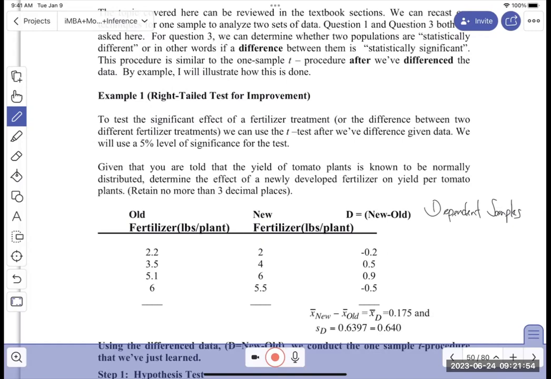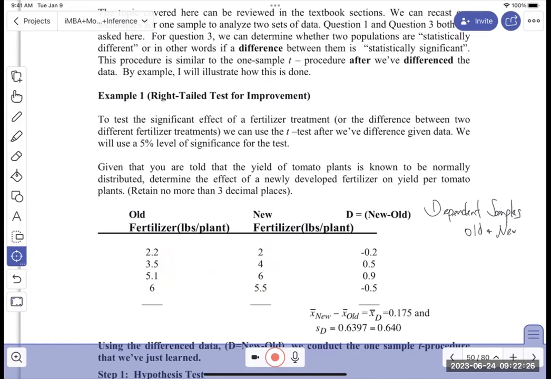So they're dependent samples, old and new. Here we have the yield on the first plant, and then on the matched plant in the same type of soil with otherwise the same conditions, has 2 pounds versus 2.2 pounds. And then this is the next pair, and the fourth pair is here.